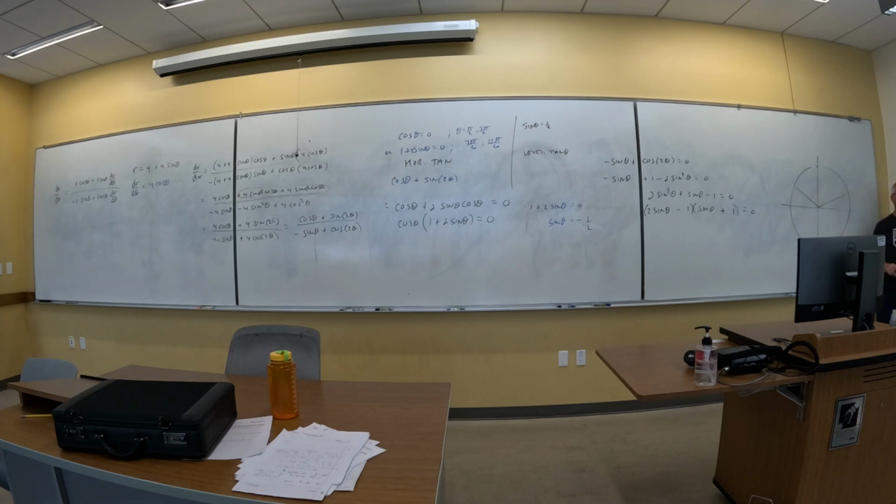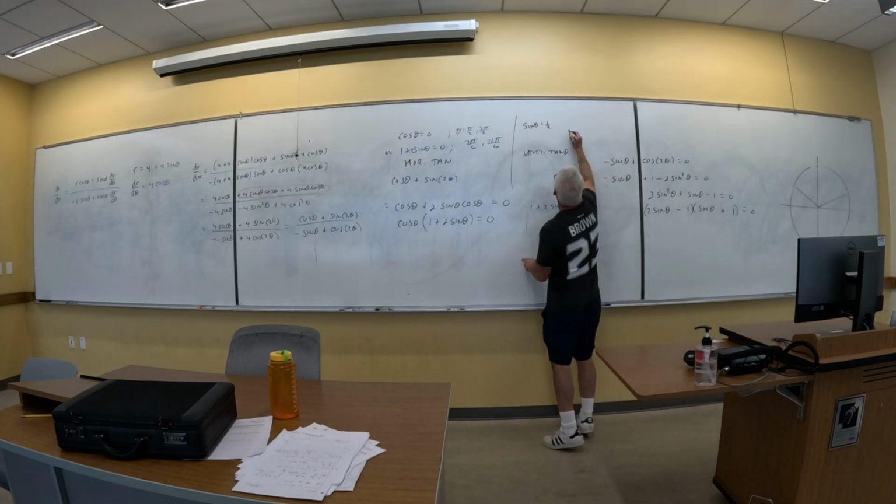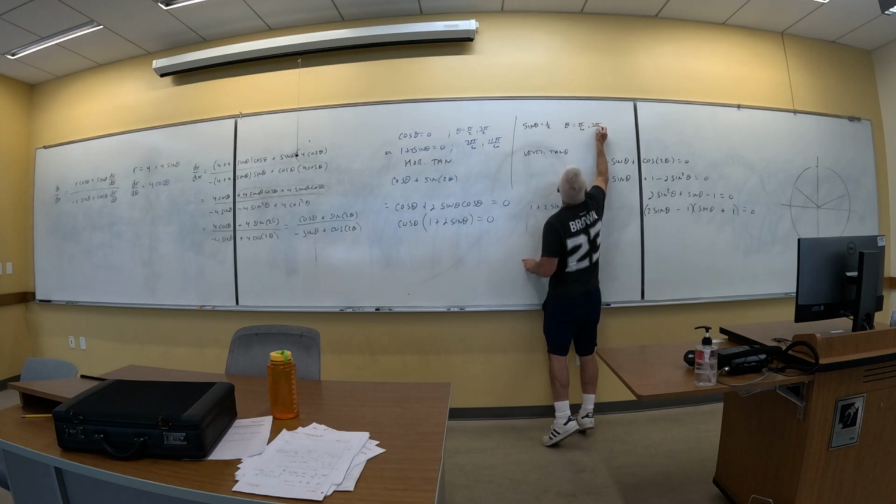Sine of theta is a half when it's a 30 or a 60 type. We just did this a minute ago. The 30 type angle, so pi over 6, and where else? 5 pi over 6.